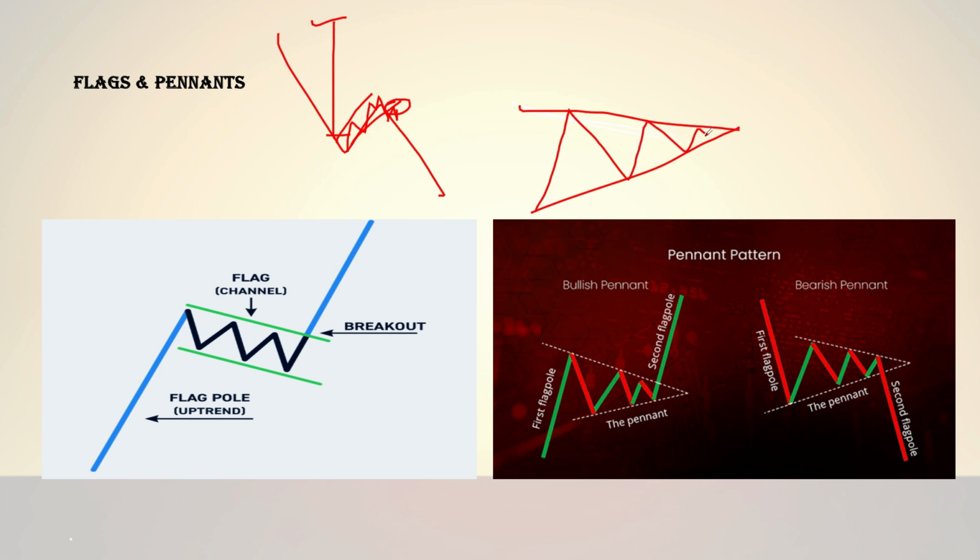Once price starts squeezing, there is a high chance it will break. So this type of pattern is called a pennant pattern. Similarly, first the flagpole, and its target would be somewhere around from this point to this point. Similarly, a bearish pennant pattern.